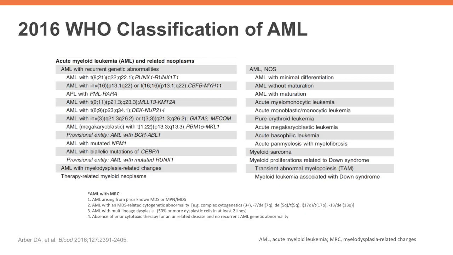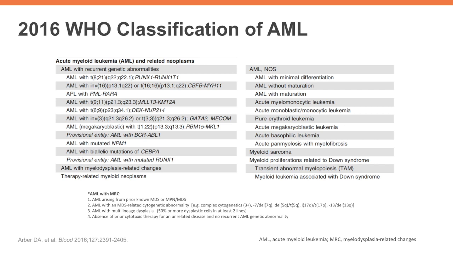On this slide, I show the 2016 World Health Organization classification of AML. And you can see that there is a significant amount of heterogeneity, as well as a number of different subtypes, which are genetically defined in many cases, such as on the left column, but can also be related to a background of myelodysplasia-related changes.